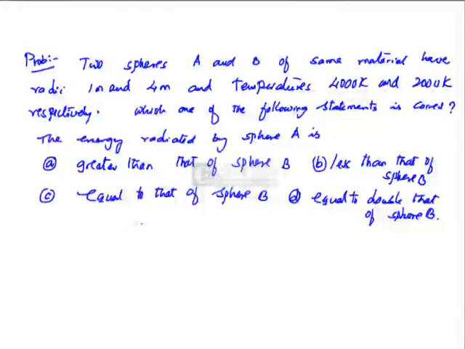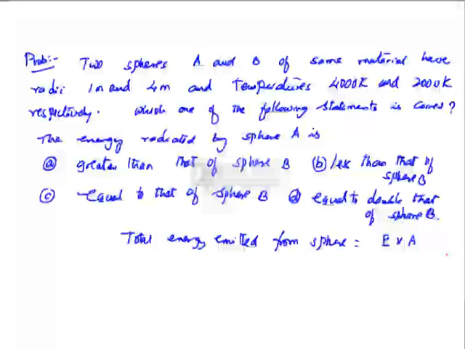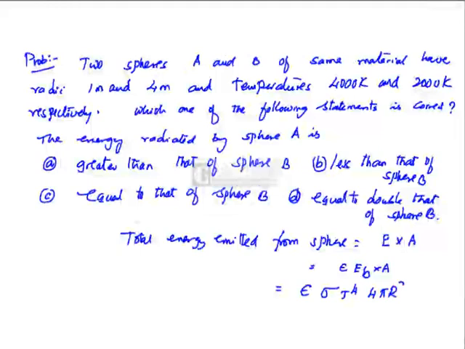The total energy radiated, emitted from a sphere, is equal to E into A. It could be written as epsilon into EB into A. That is epsilon into sigma T to the power of 4 into 4 pi r square, where T is the temperature and r is the radius.